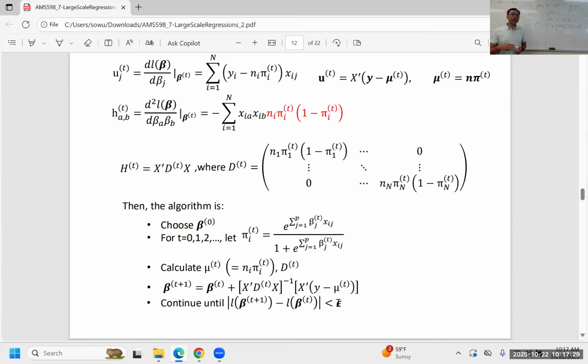But in case you apply it to a new likelihood function, like in one problem I solved when I was a PhD student, the likelihood function is actually not concave.